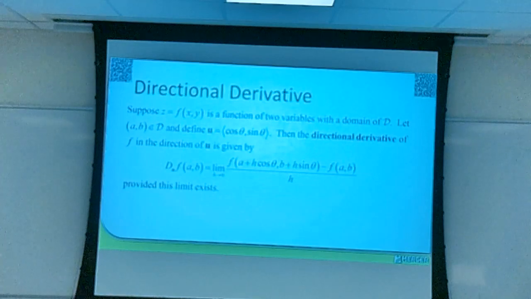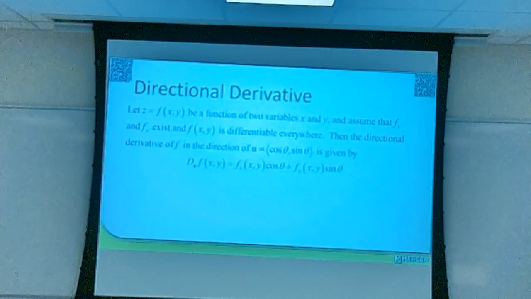There is something important to note: your direction vector u has to be unit. So you have to normalize it before you take the derivative. So that's the definition. This is how we would actually calculate it.